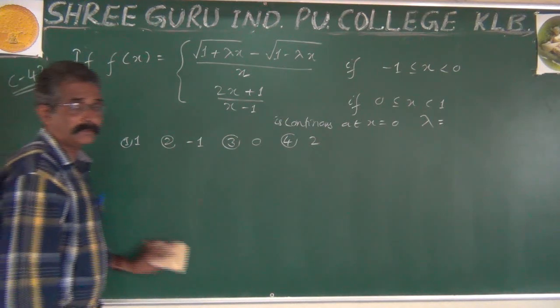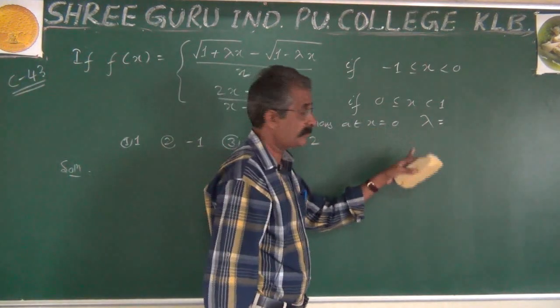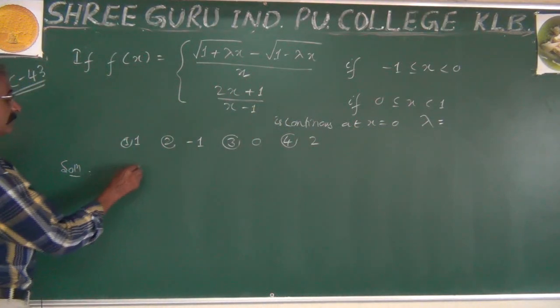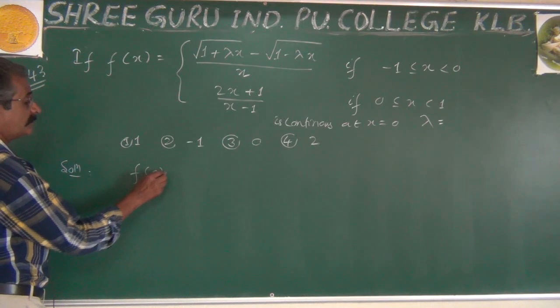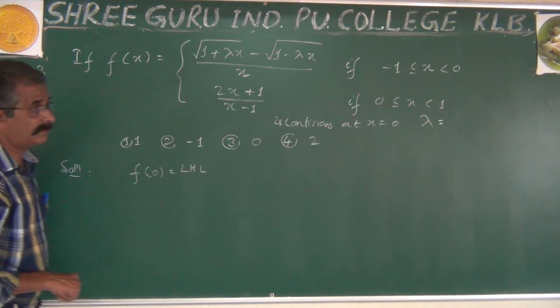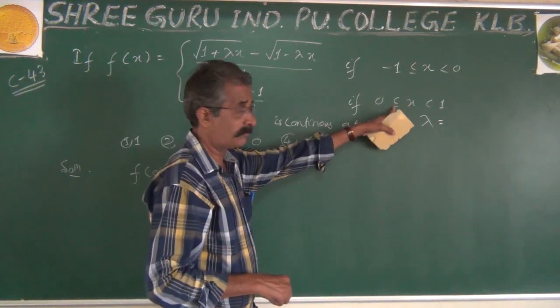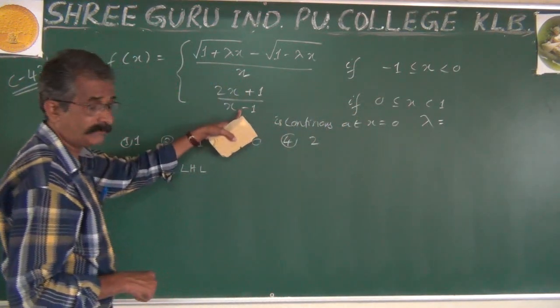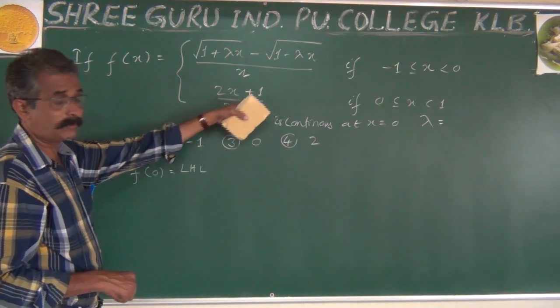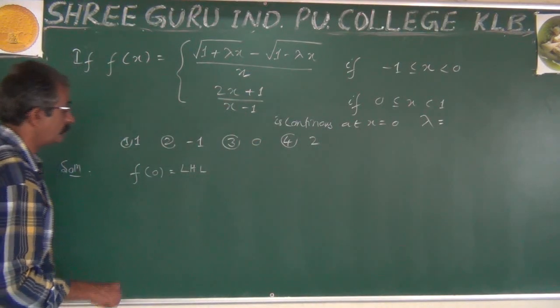Given that the function is continuous, f of 0 must be equal to the left hand limit. F of 0 we can get from this condition: put x equal to 0, 2 into 0 plus 1, 0 minus 1, that is minus 1.